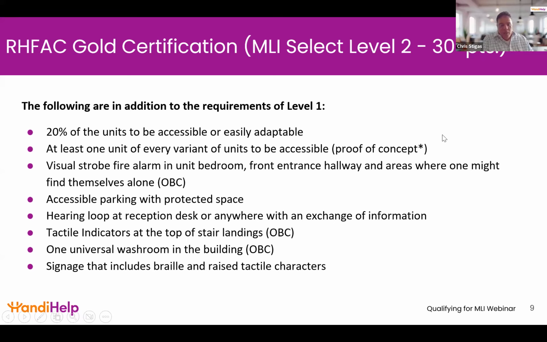That being said, there are developers that still want to hit this higher standard as best practice, especially if you are looking for ACLP financing. ACLP has limited funds and they're looking for the best of buildings with best social outcomes.